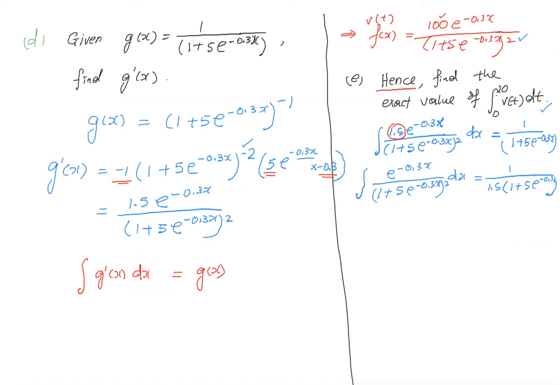Got it? So now, what is the next step? There is a 100 here. All right, so on both sides, I multiply with 100.